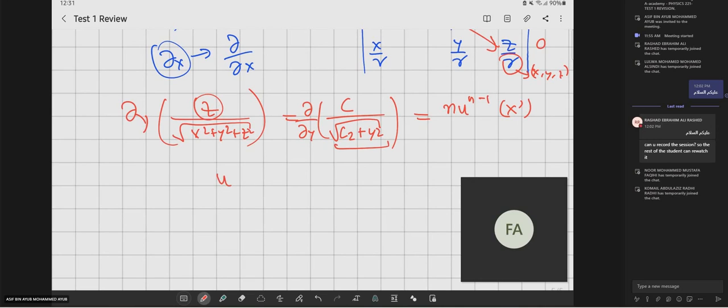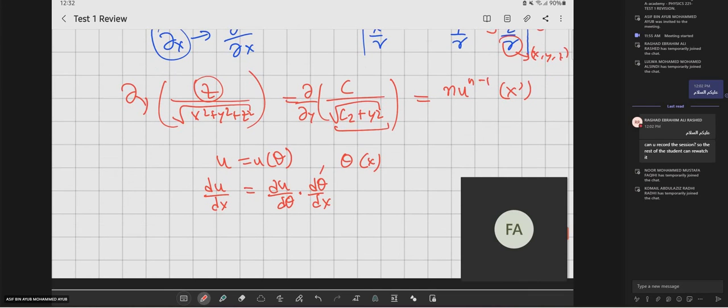This is a composite function. U equals some function of x. If you take du over dx, composite function means it is not a variable of x itself. Theta is a variable of x. So I have du over dx is du over d theta times d theta over dx. This is again the chain rule.